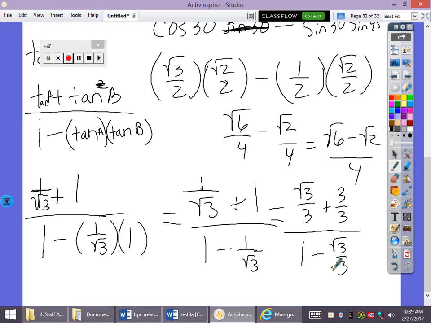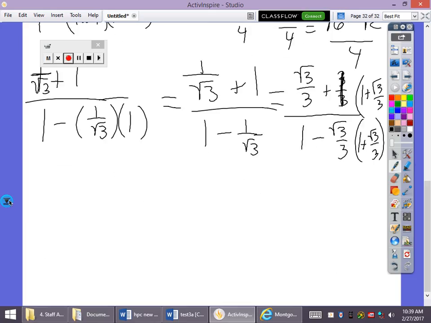Okay, so now I need to multiply this by the opposite. So 1 plus the square root of 3 over 3. 1 plus the square root of 3 over 3. So let's leave this one as a 1 to make the work easier.